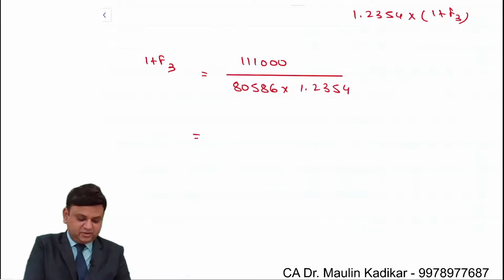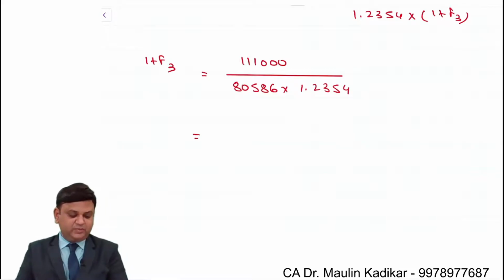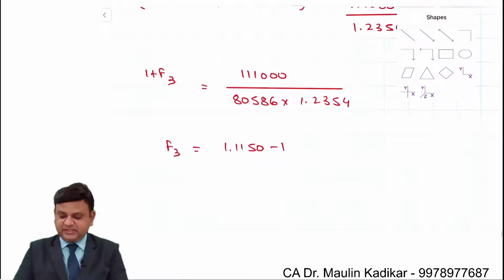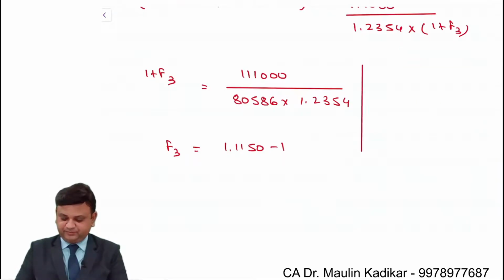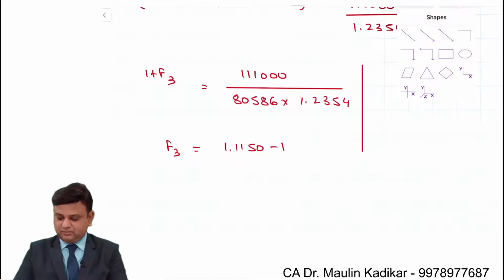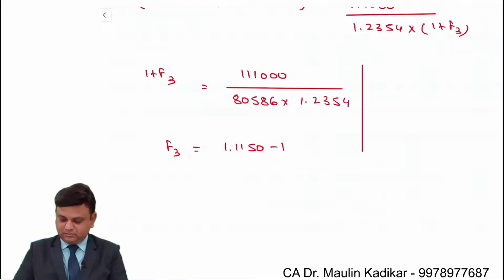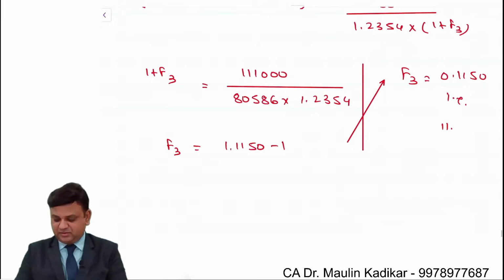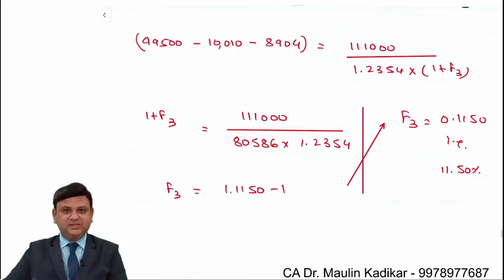So 1,11,000 divided by 80,586, divided by 1.2354, that is 1.1150, minus 1. So we understand that F3 will be found as the balancing figure. So F3 is 0.1150, that is 11.50%.